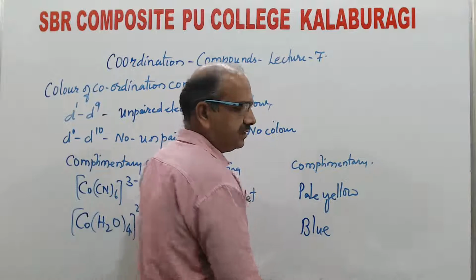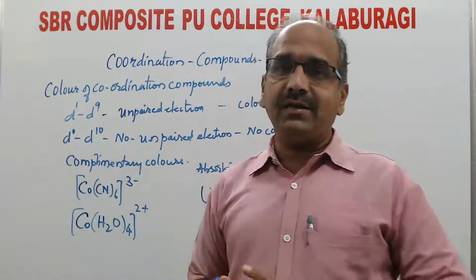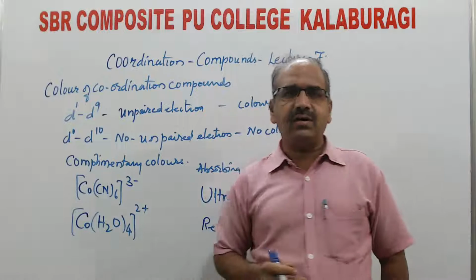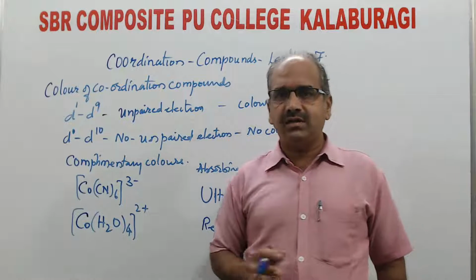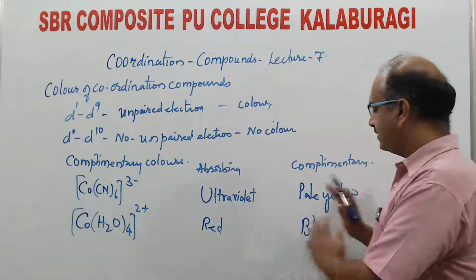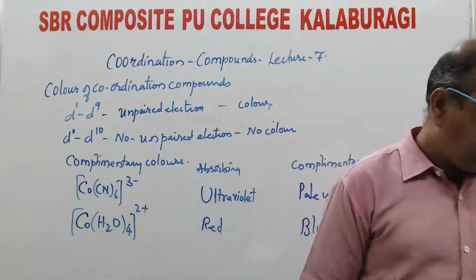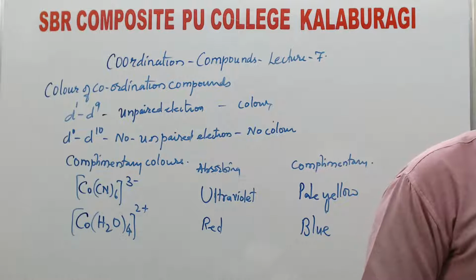You must have learned complementary colors: which color will appear brightest against what other color? For red color, blue is the opposing, the complementary, the contrasting. So red it is absorbing, blue color it is giving. So this was regarding the color of the coordination compounds.